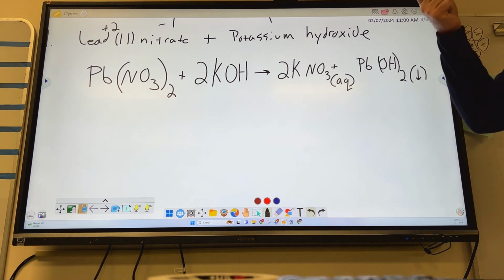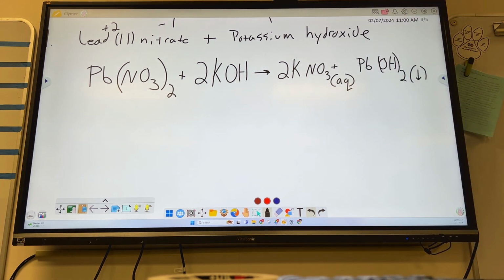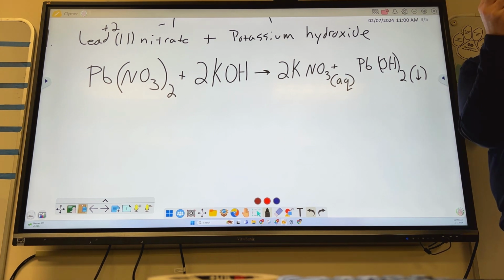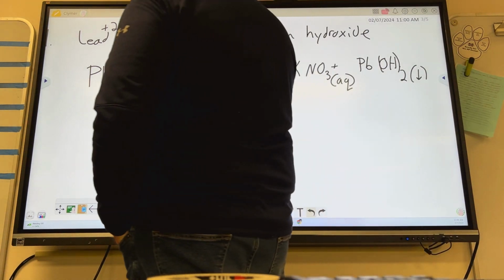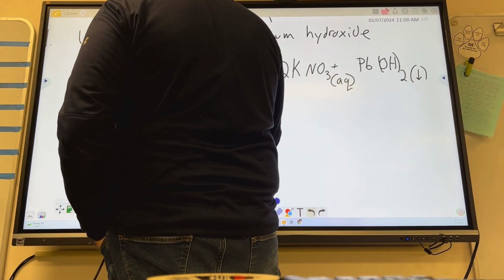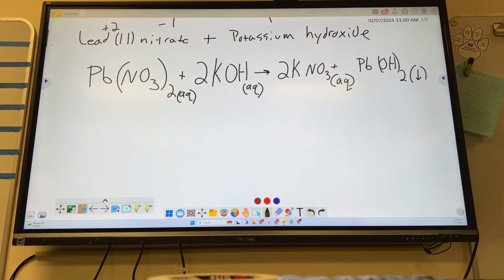Those little dropper bottles that you had definitely had something dissolved in them. Sometimes they had a little bit of a color tint, but you couldn't see those individual particles. So that was dissolved, so both of these would also be aqueous. But then when we mixed them, one of them got cloudy and fell out of solution, and that would have been this one.